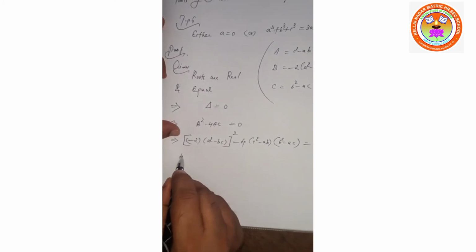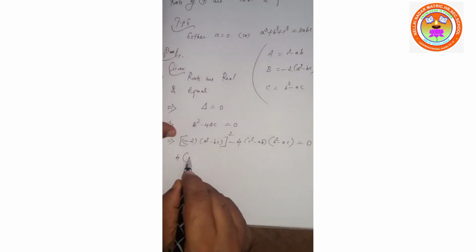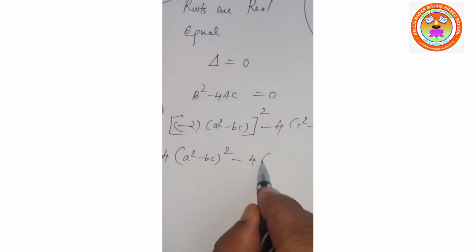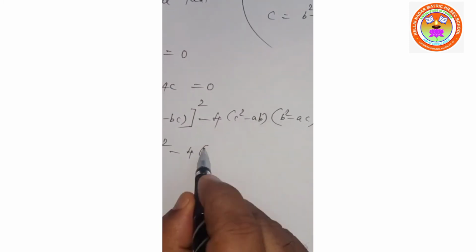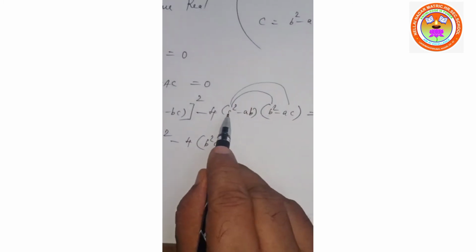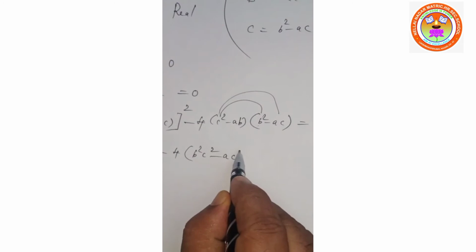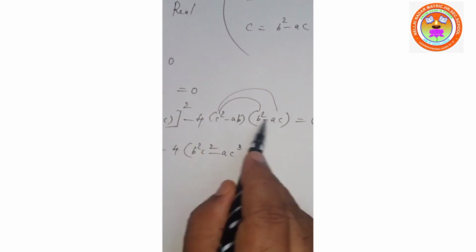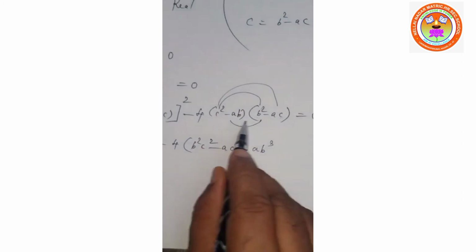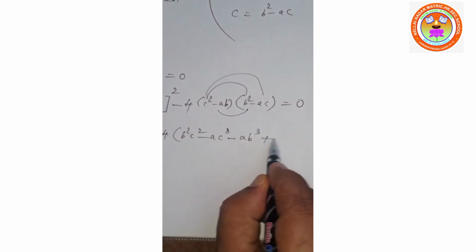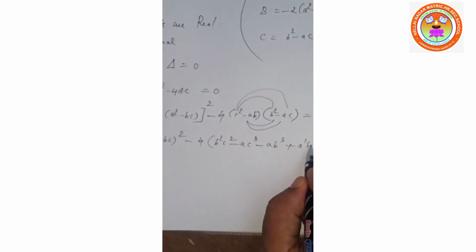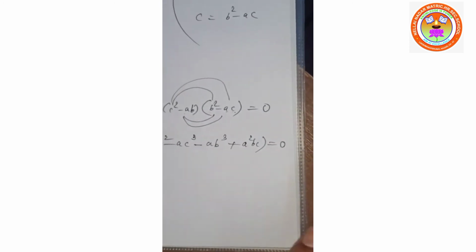Minus 2 the whole square is equal to 4 into a square minus bc the whole square, minus 4, let it be. Then multiply c square into b square is b square c square. Then multiply these two: c square into minus ac is minus ac cube, minus ab into b square is minus ab cube, minus into minus plus a square bc, that is equal to 0.